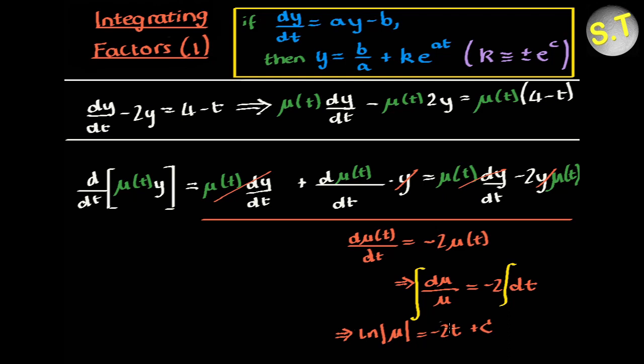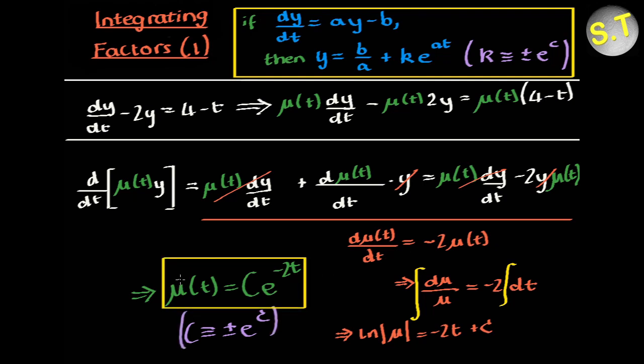And then when we solve this equation for mu of t, we get, finally, that our mu of t value is equal to, we'll call it capital C times e to the minus 2t, where capital C is defined as plus or minus e to the c value, which is similar to what we did in the previous video.